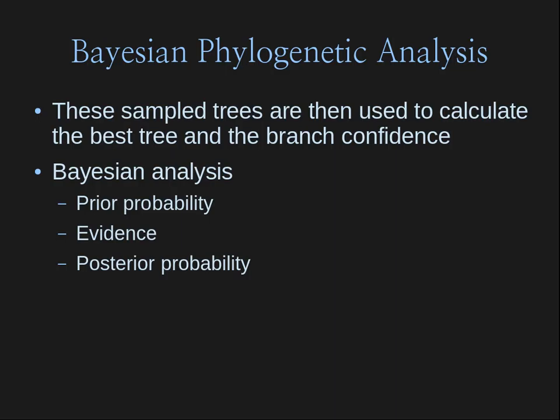Bayesian statistics works slightly differently. You make a hypothesis and you can assign a certain prior probability to that hypothesis. You can assign the prior a number of different ways, but for the moment, we've just assigned some prior probability.